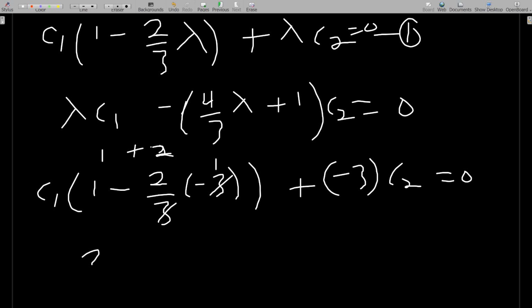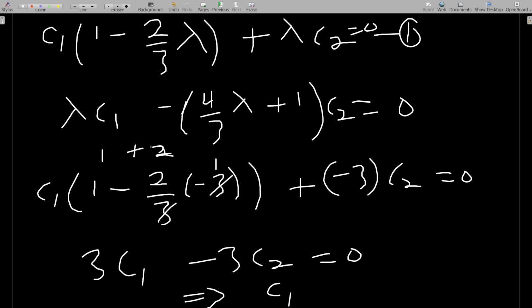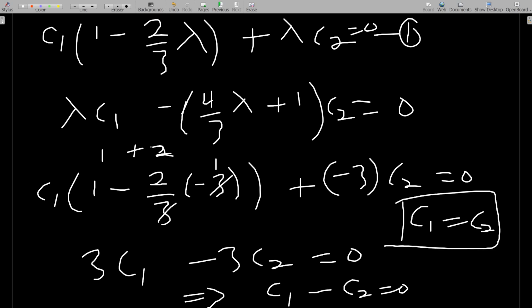Okay, so I have 3c1 minus 3c2 equals 0, and this implies that c1 minus c2 equals 0. So then c1 is equal to c2. This is what we have. c1 is the same as c2.